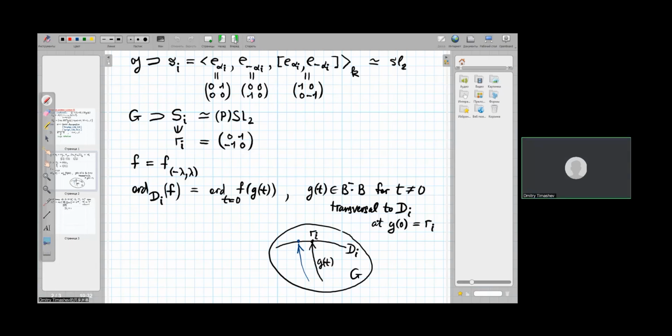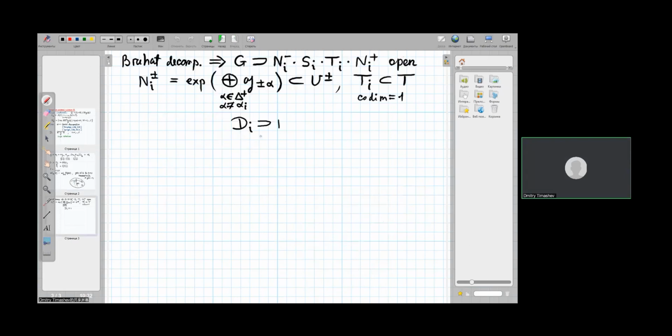Okay, let's go on. As I said, the divisor Di intersects this open product subset in the following set: Ni minus times Di intersect with Si, times Ti, times Ni plus.